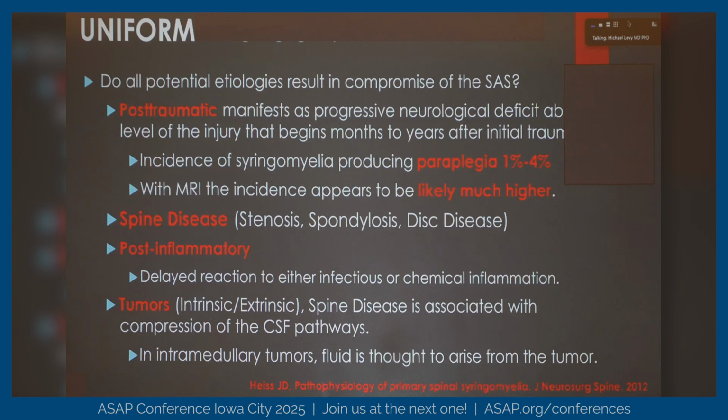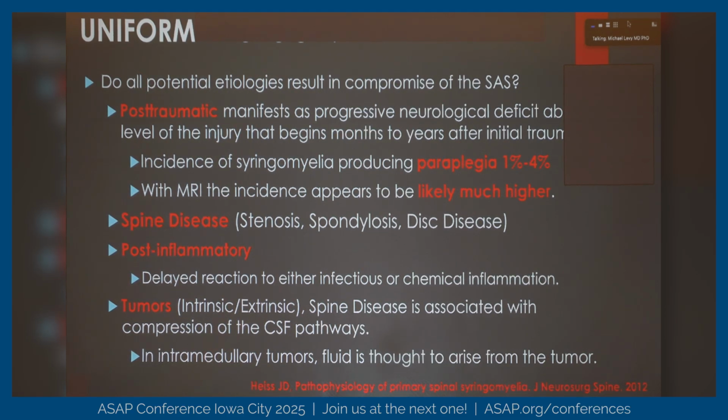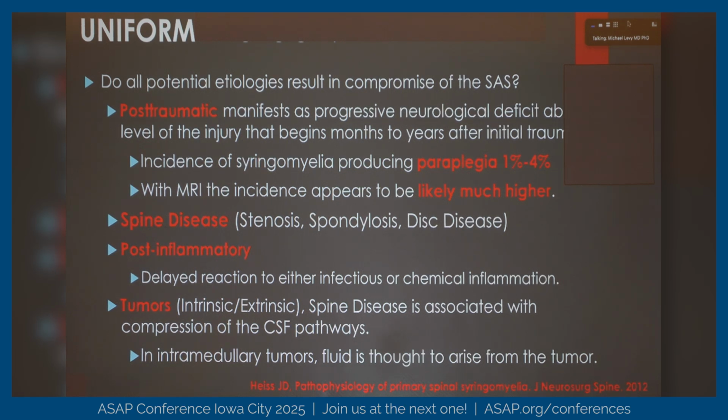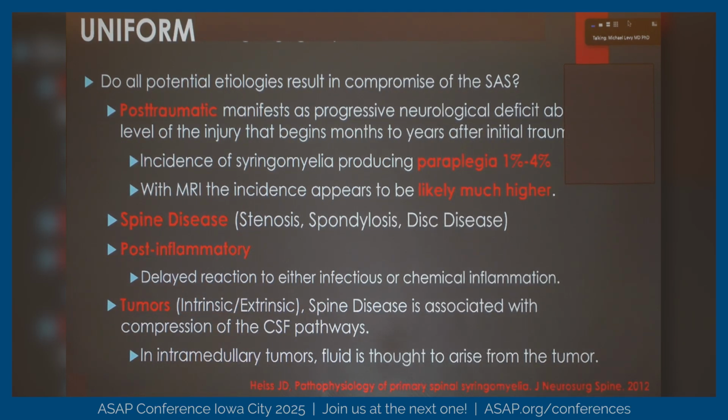Post-inflammatory etiologies can be rather immediate or delayed, and are due to infectious causes, whether viral or bacterial, or chemical inflammation. One of the problems that we've seen with graft placement for Chiari decompressions is that we can get a chemical meningitis in relationship to the type of graft material that's used, and this can be pretty broad in who it impacts and who it negatively impacts.